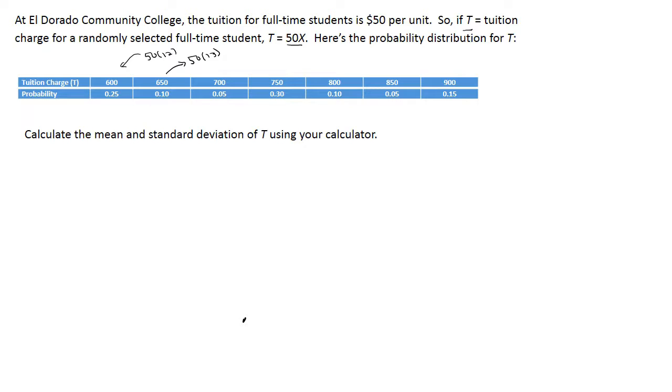I've just taken all of the values of X in the previous example and multiplied them by 50, and now I have this new distribution for the probability that a particular student pays a certain tuition.